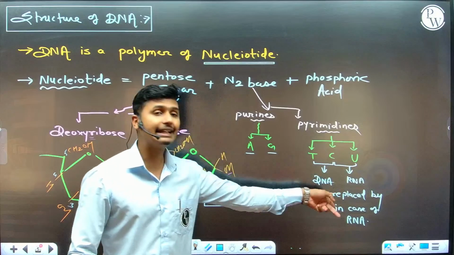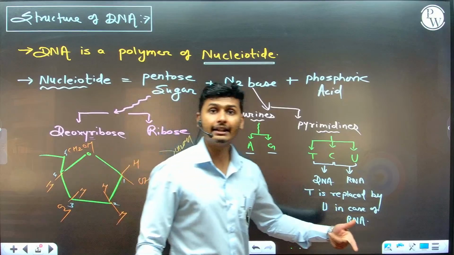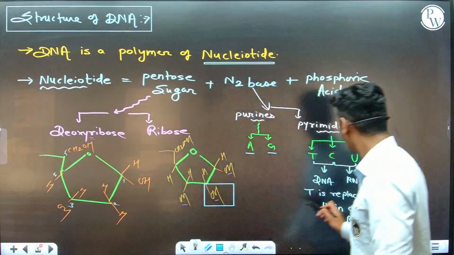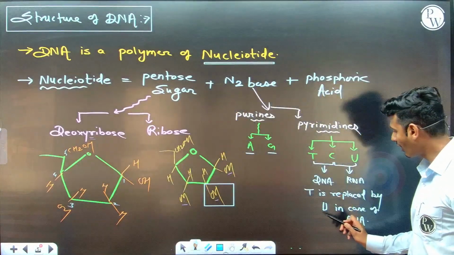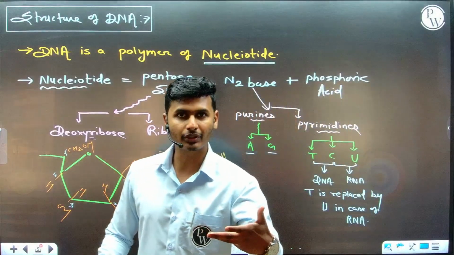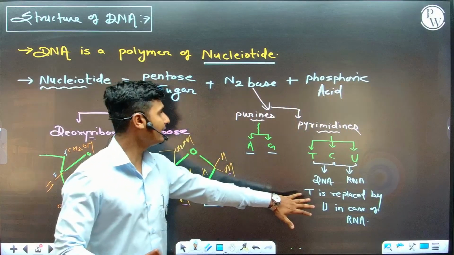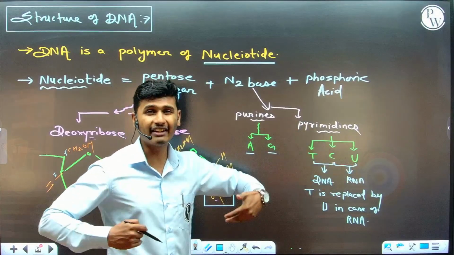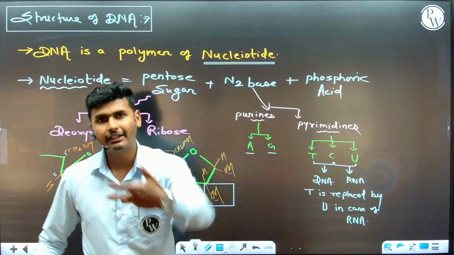This is the second reason why DNA is more stable, because it has thymine instead of uracil, and thymine is a modified version of uracil. So this is the second reason why we have genetic material in the form of DNA.